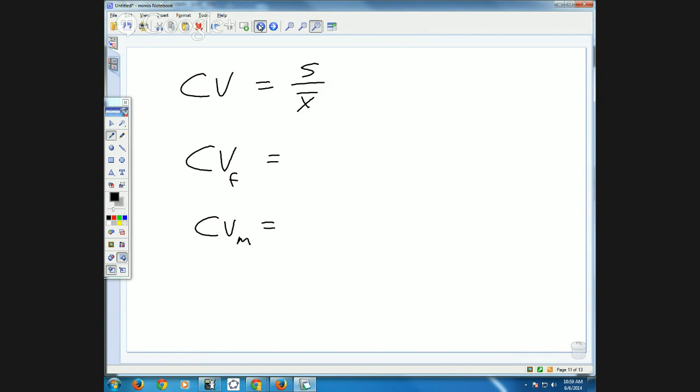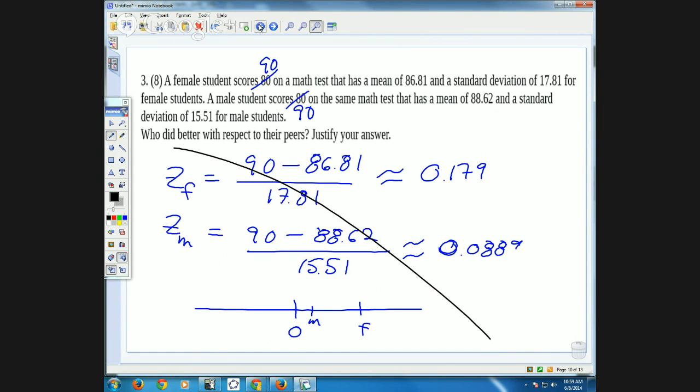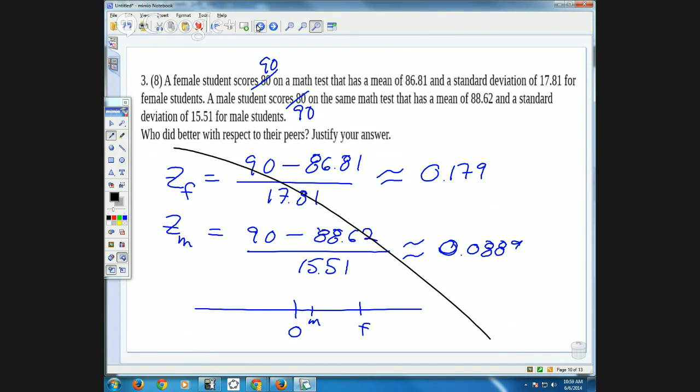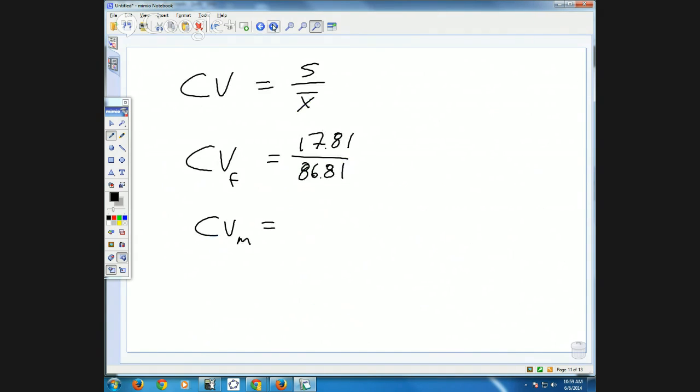So what do we got? 17.81, 86.81. Versus 15.51, 88.62. So to the nearest tenth of a percent, can you give me these?